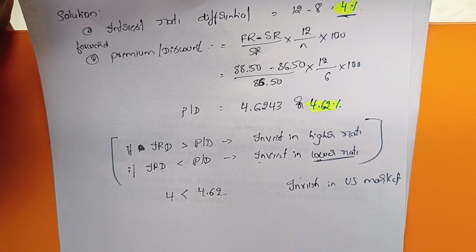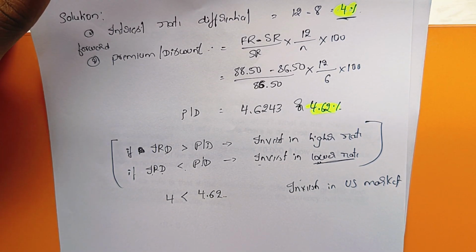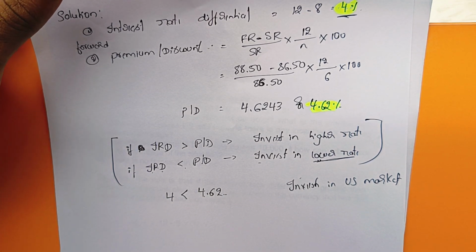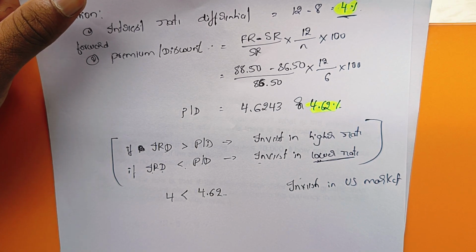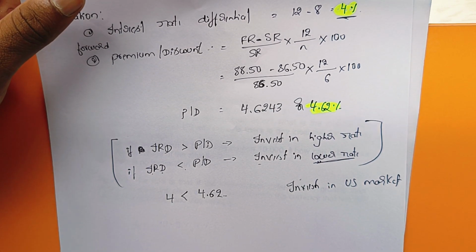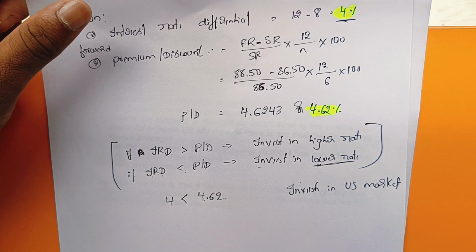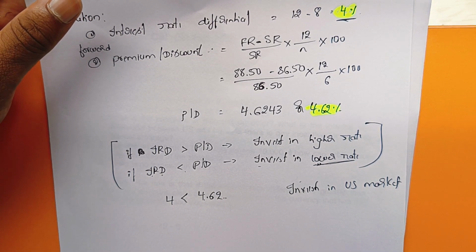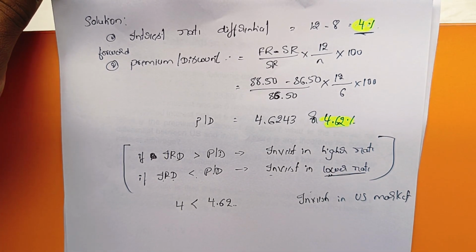Since interest rate differential is smaller than the premium, it is beneficial to place or invest the money where interest rate is greater. In this problem, the interest rate is more for US.